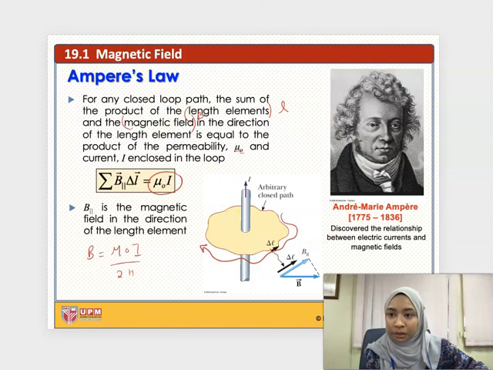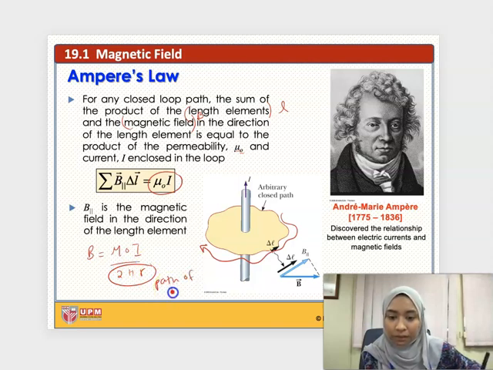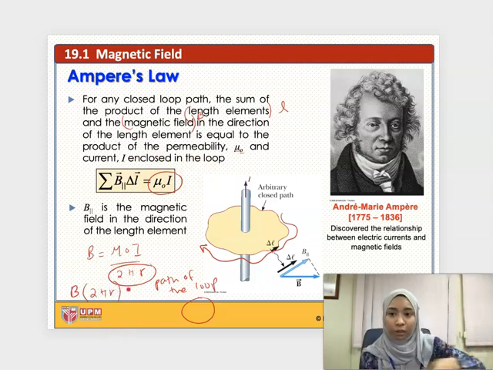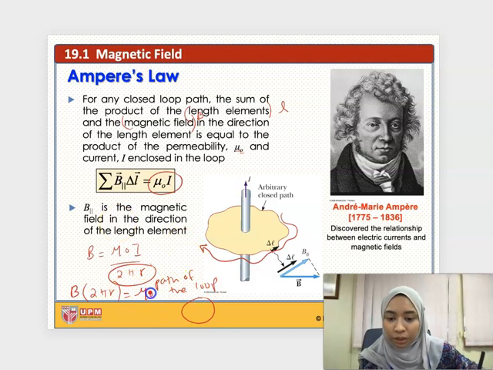So here, let's look at this equation, mu naught I over 2 pi R. This is actually the path of the loop, when the loop is a square, right? So basically, this equation comes from Ampere's law. B times 2 pi R, which is the circumference of the loop, the circumference of the circle, B being the magnetic field, equals mu naught times I.